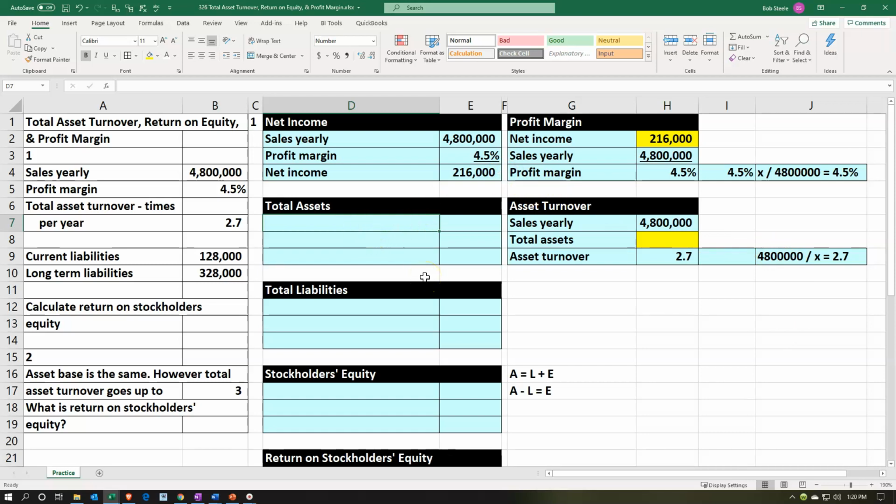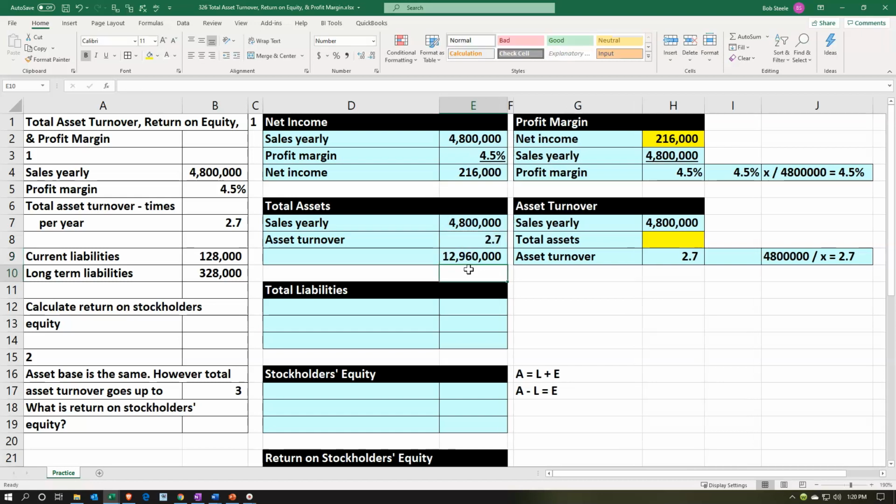We can say, well, if I know the sales are this, then I'm going to take the asset turnover, which is going to be the 2.7. Let's make that home tab, font group, add a decimal. I'm sorry, divide that out: equals the 4,800,000 divided by the 2.7 to give us the total assets.